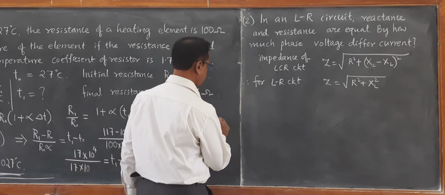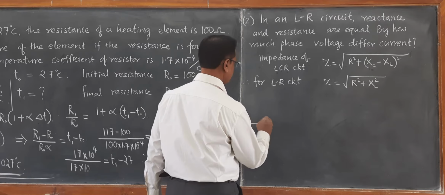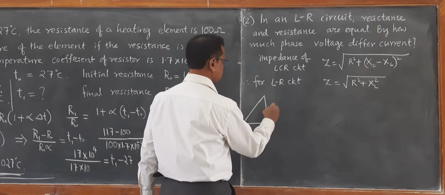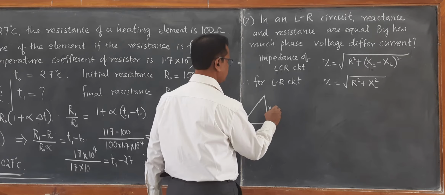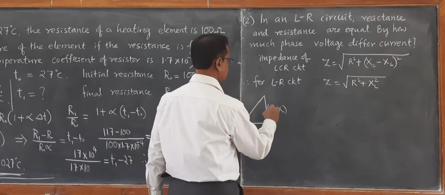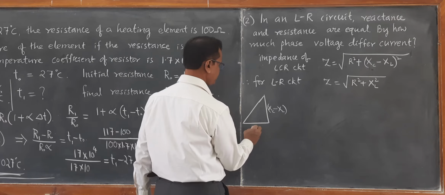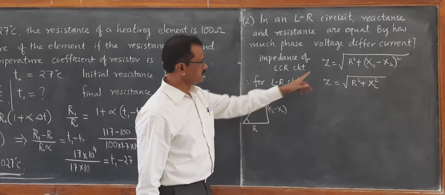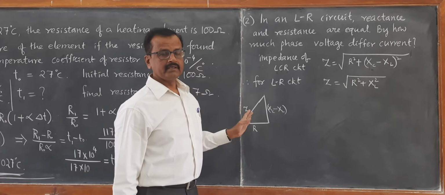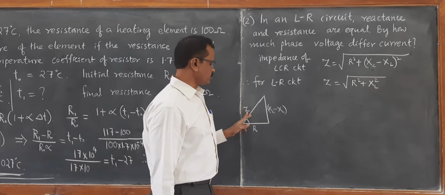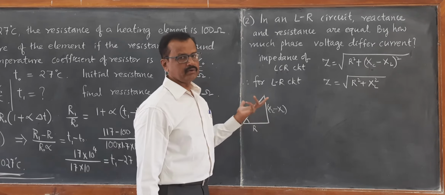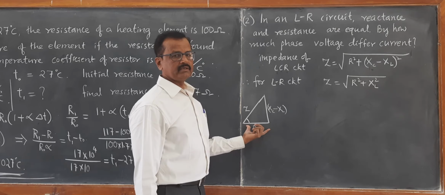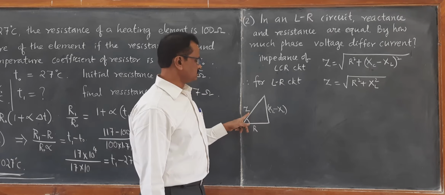Now, quickly you should remember the impedance diagram. It's a right angle triangle. The opposite side is XC minus XL, the base is R and the hypotenuse is Z. So if you apply the Pythagoras theorem, the square of the hypotenuse is the sum of the squares of the sides.